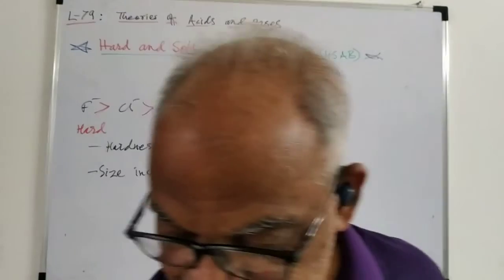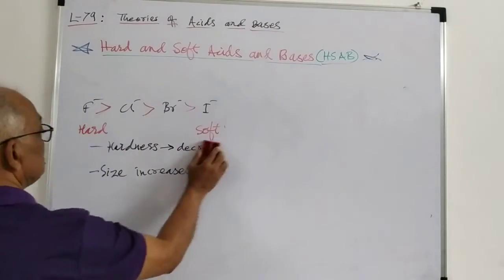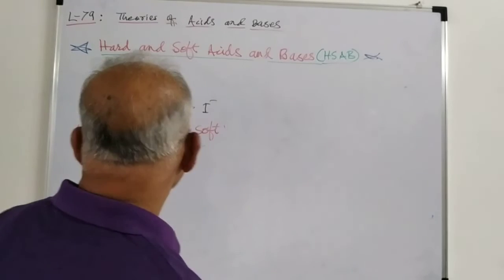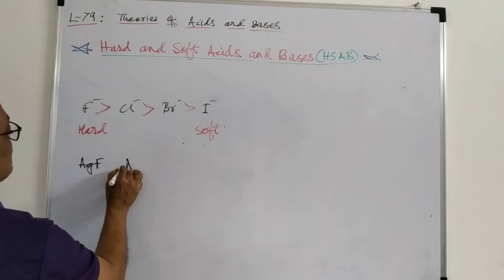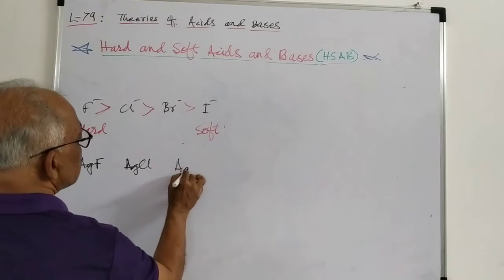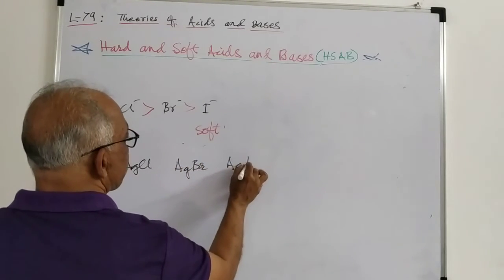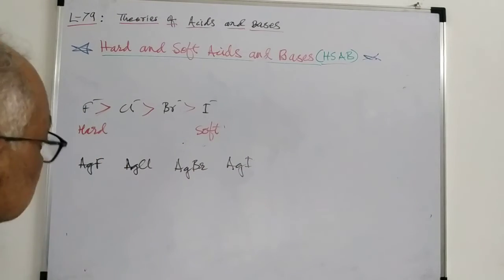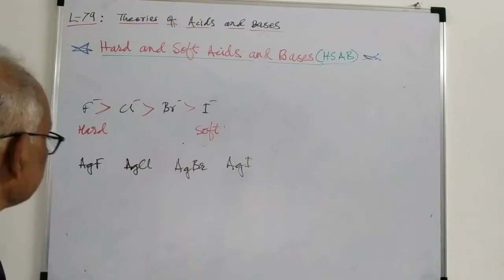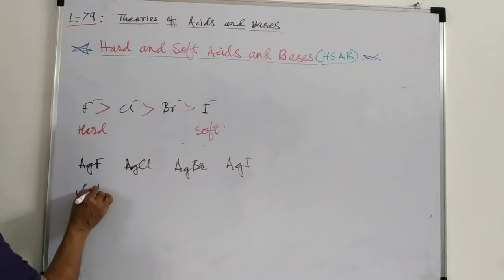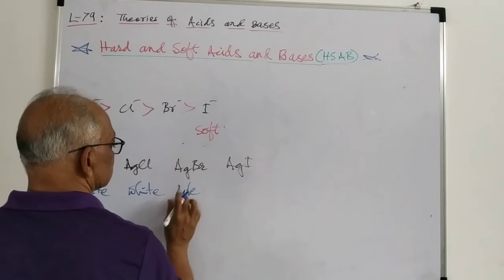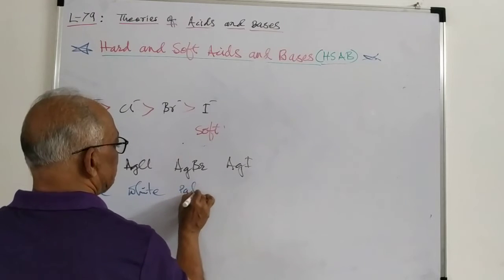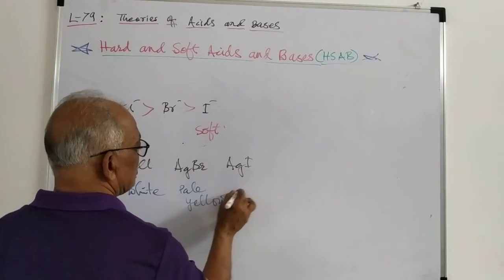Now if we see the colors of their precipitates, the color of AgF, AgCl, AgBr and AgI, then you will find that this is white, this is also white, this is pale yellow, and this is yellow.